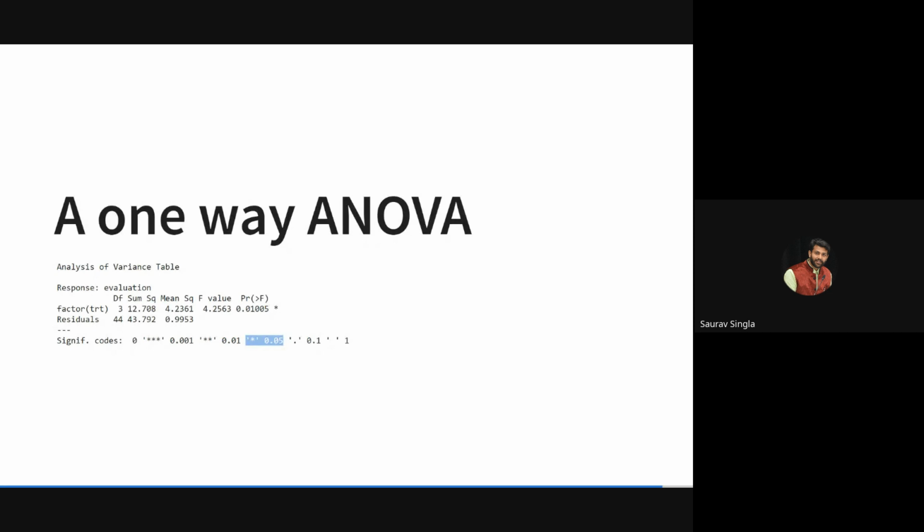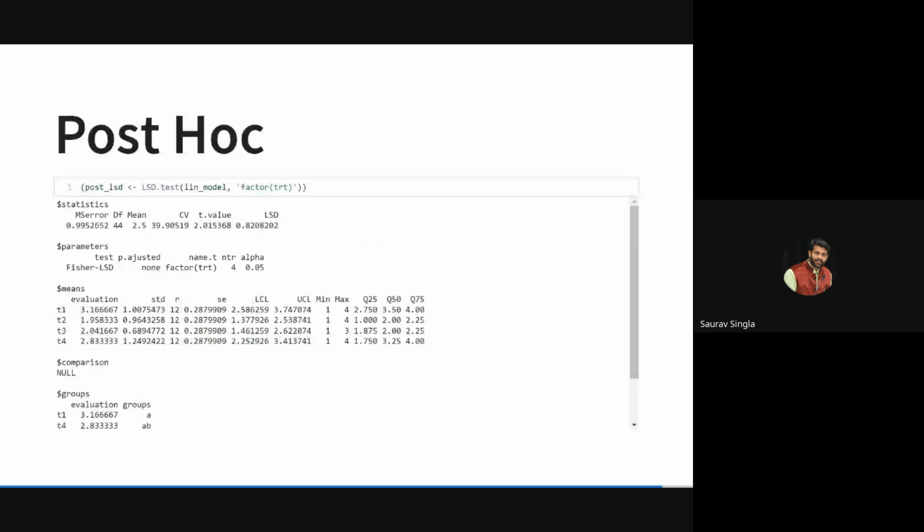At least one of the means is not equal to the other means. There exists at least one grass which is not equal to the other grasses. Okay, so let's now move forward.